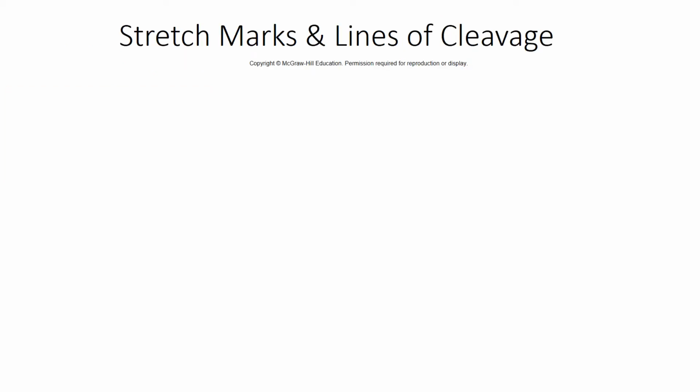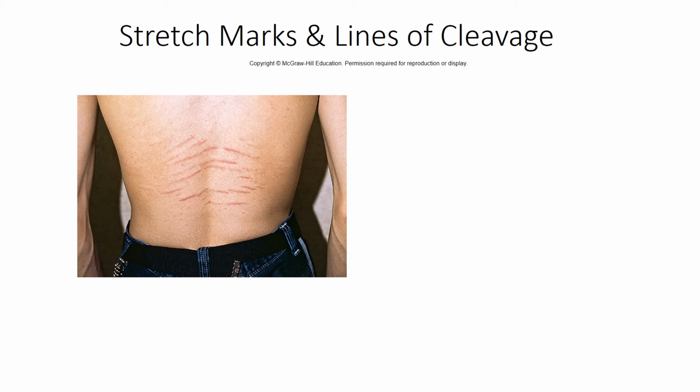I'm sure you've wondered how individuals have stretch marks and wrinkles and why some don't. Well, a lot of this has to do with our protein of collagen and elastic protein fibers. So when we have skin that's overstretched, the collagen fibers might tear to form different stretch marks. So here's an example of stretch marks. This can happen anywhere in the body.